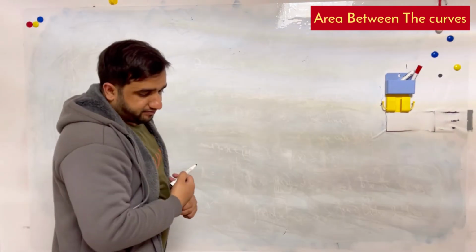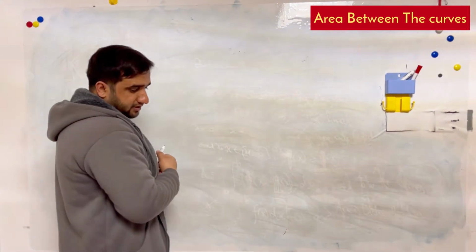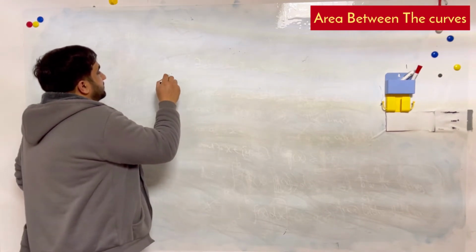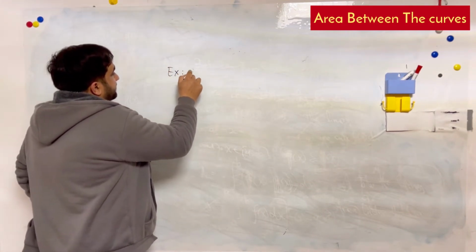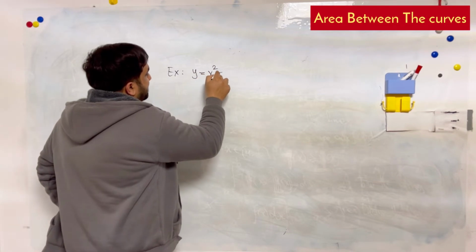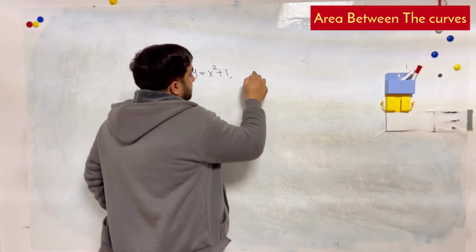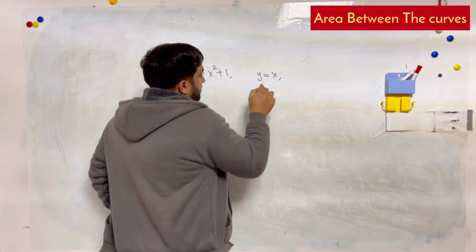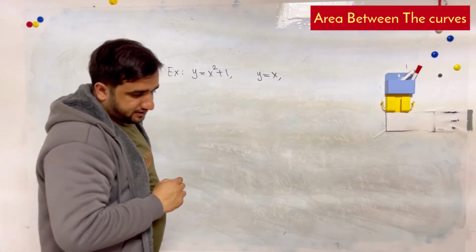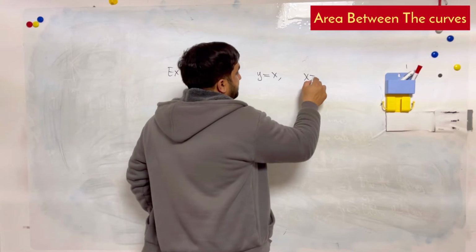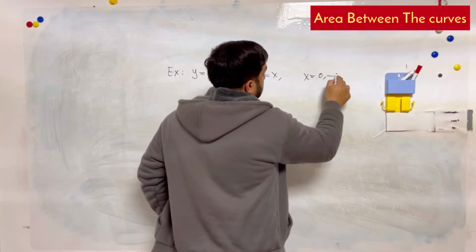Find the area bounded above by the function y equals x square plus 1 and bounded below by the function y equals x, where x is from 0 to 1.